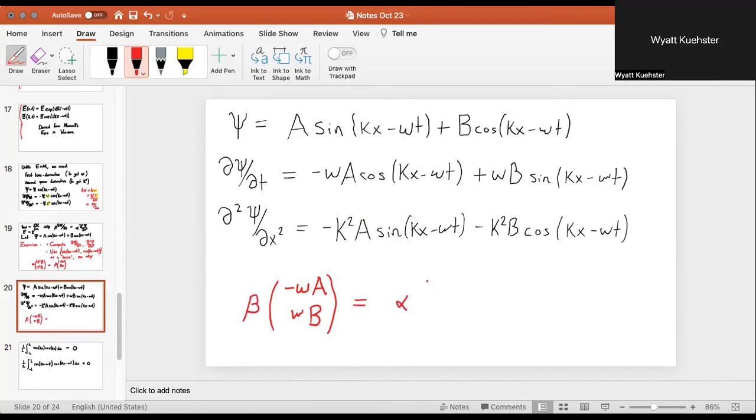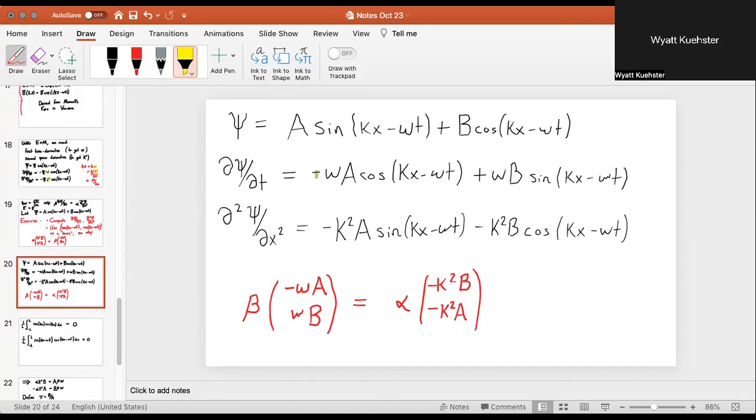So alpha times the coefficients of sine, which are, the cosine one first, k squared b, minus k squared b, and minus k squared a. Okay, so those are the equations we get.